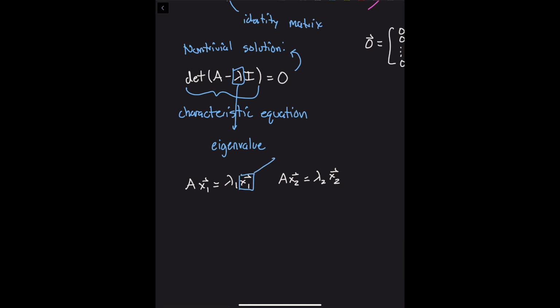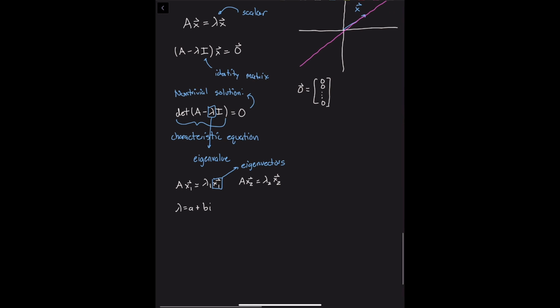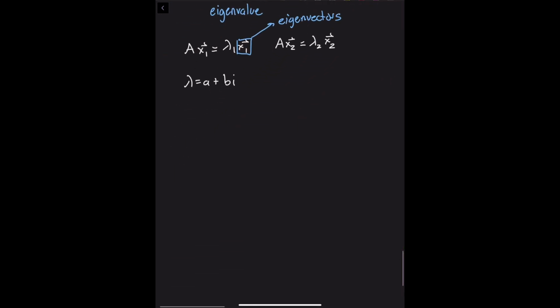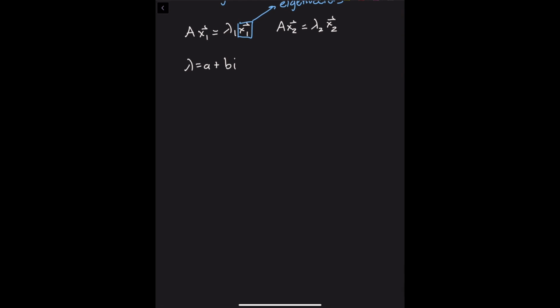The vectors are called eigenvectors. Okay, that's just some terminology in that regard. And lambdas can be complex as well. So lambdas can have a real component and an imaginary component. And I'm going to talk about imaginary numbers very soon here. So by soon, I mean, I guess right now.